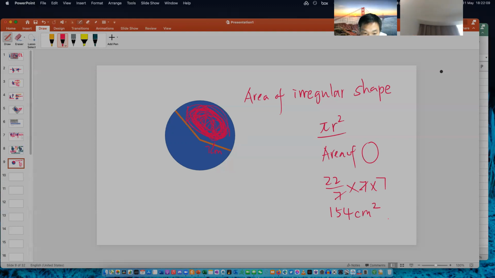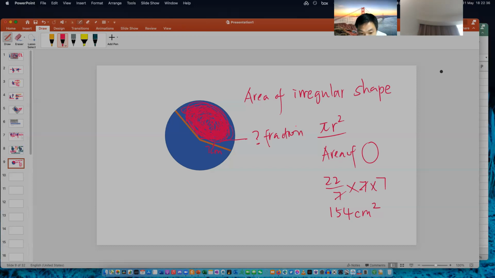Then now you are asked to find the area of this irregular shape. It's not a quadrant. It's not a semicircle. So you need to find out what is the fraction of this shape of the entire circle.